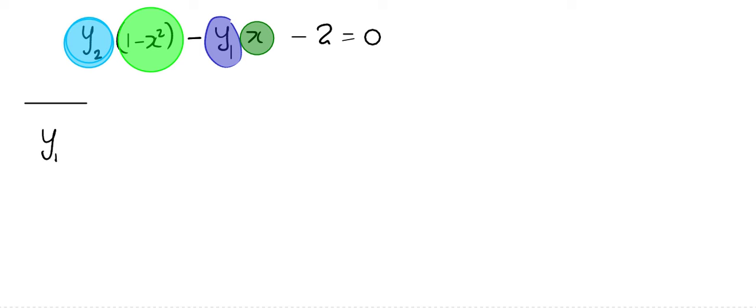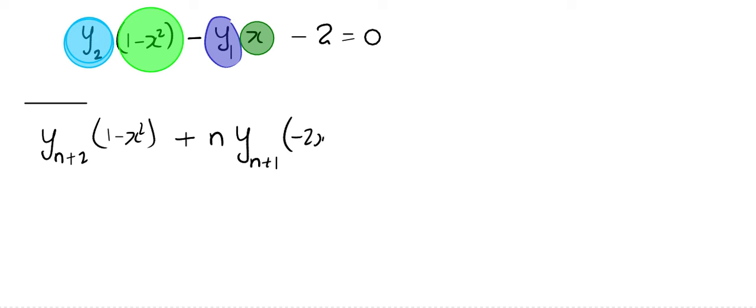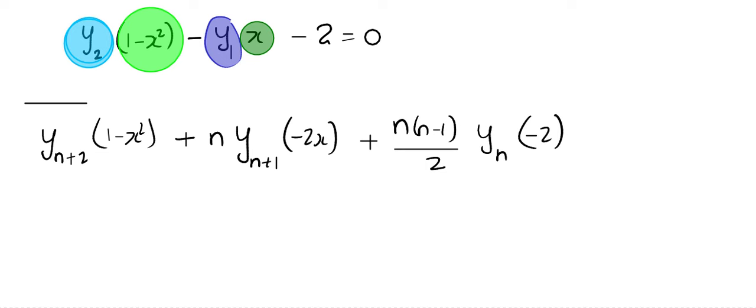So yn plus 2 into 1 minus x square plus n, reduce it by 1 minus 2x plus n minus 1 by 2, reduce this by 1 and then minus 2. Minus in a bracket.